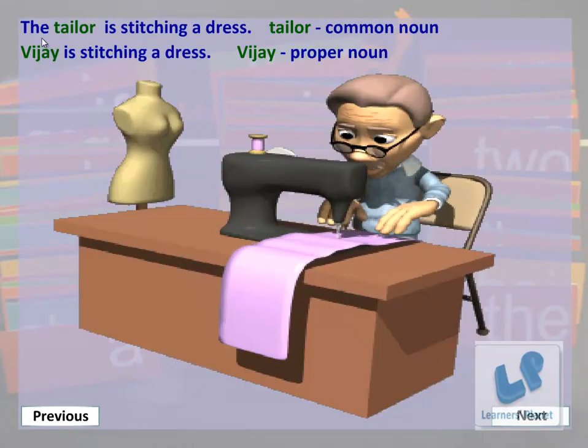Second, the tailor is stitching a dress. Vijay is stitching a dress. So over here, tailor is a common noun because it is generally talking about the person who stitches dresses, whereas Vijay is a proper noun because we are referring to a particular person who is stitching a dress.